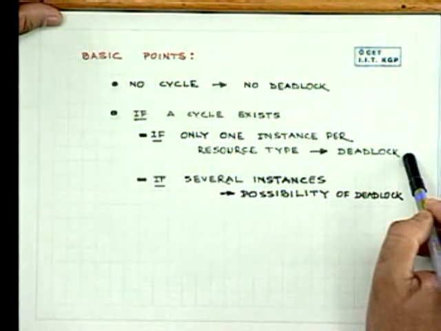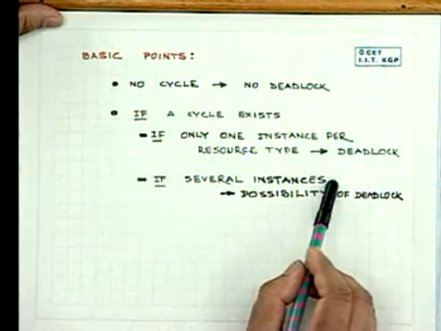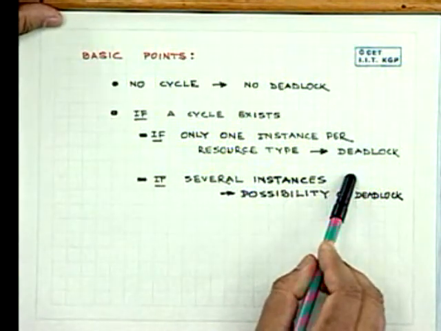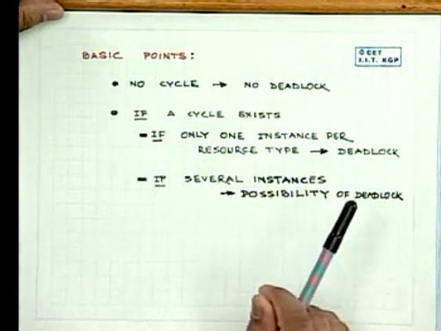But if several instances of a particular resource type exist, then there is a possibility of a deadlock, but it may not lead to a deadlock. It may lead to a deadlock, it may not, as has been shown by the previous examples.